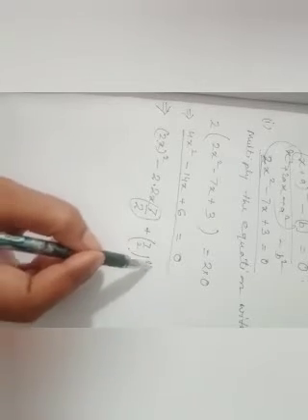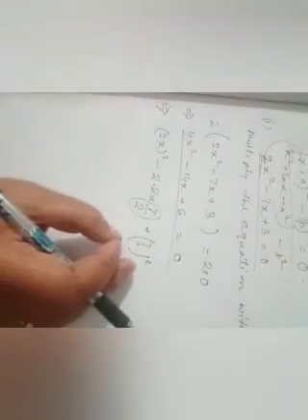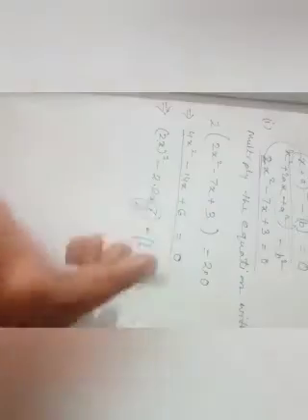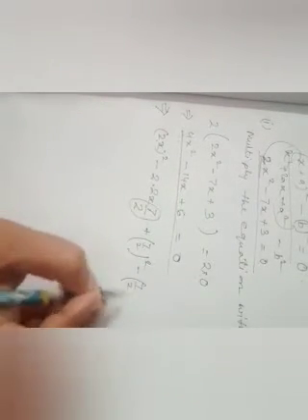Here you see, I am adding this extra number to the equation. As I am adding 7 by 2 whole square, the extra number, to balance the equation I must subtract 7 by 2 whole square.